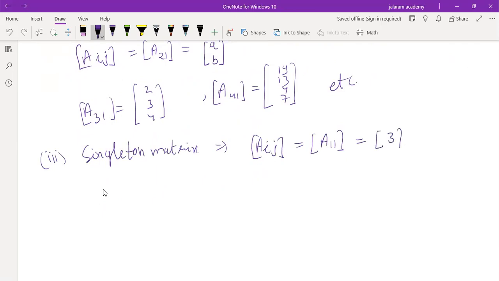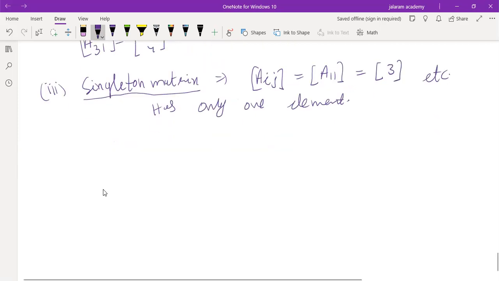Like if we write 3, that's it. It has only one element. Okay, singleton matrix. Written everyone?